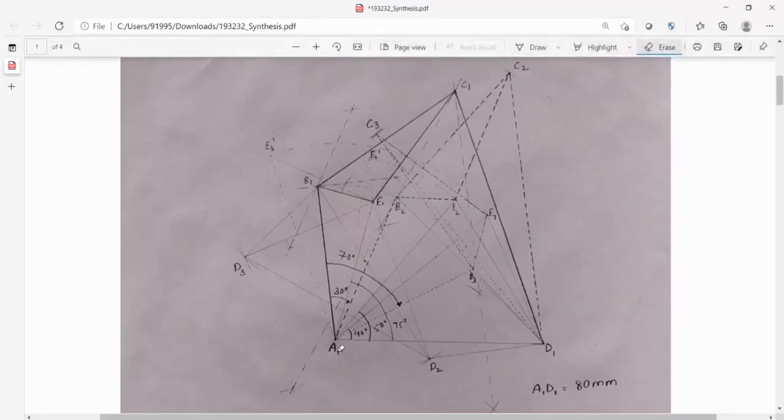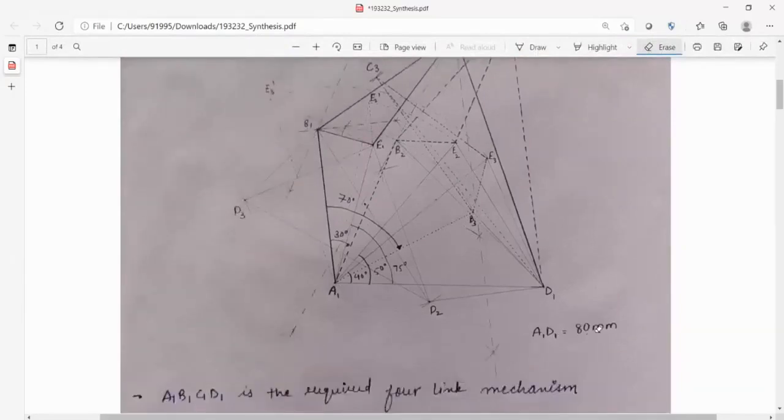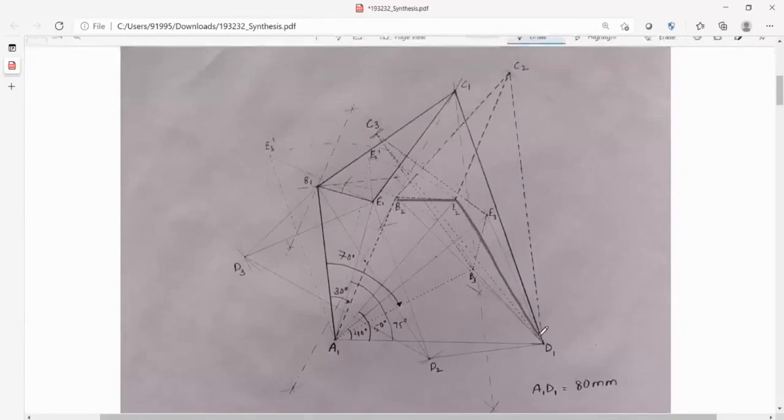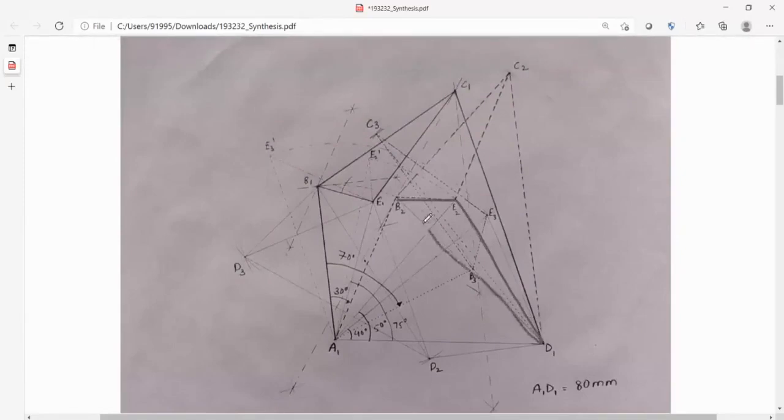So now we will take a suitable length A1, D1. I have taken it as 80 mm. So now we will construct the triangle B2, E2, D1. Congruent to this triangle, we will construct another triangle, that is B1, E1 and D2.